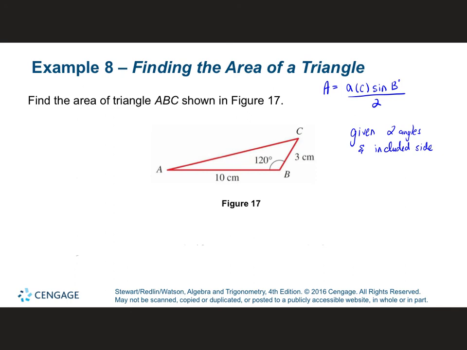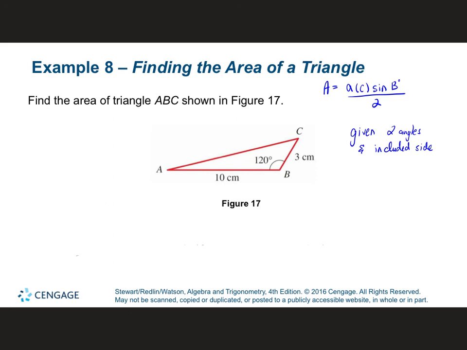So what does this mean? Our A is 3, our C is 10. We multiply those together, we take the sine of the angle that's between them, and then we get that answer divided by 2 will give us our area.